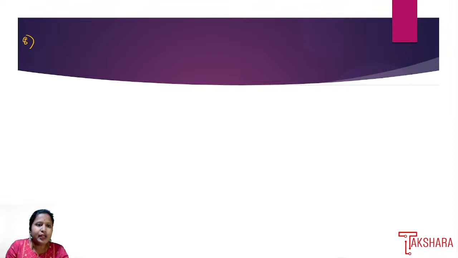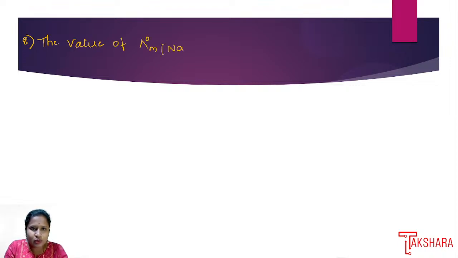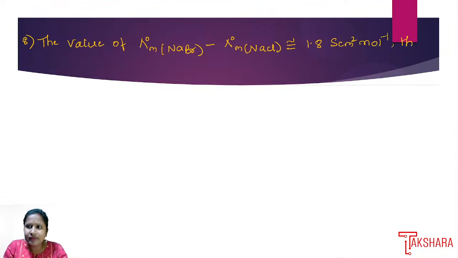That is, the value of lambda naught m of NaBr, sodium bromide, minus lambda naught m of NaCl is approximately equal to 1.8 Siemens centimeter square per mole. Then calculate the value of lambda naught m of KBr minus lambda naught m of KCl.